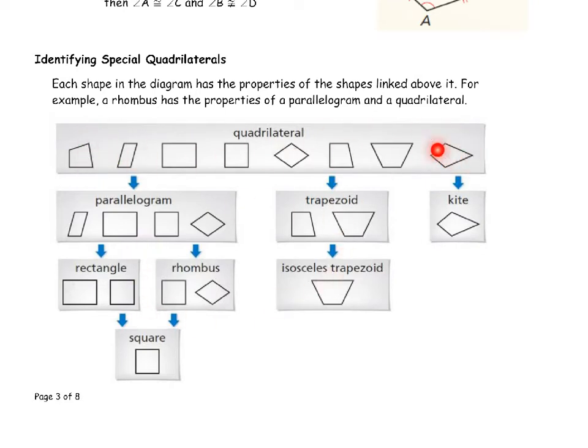And from the quadrilateral family, we can break down into 3 separate groups: the parallelogram, the trapezoid, and the kite. Parallelograms can be broken down into the rectangle and the rhombus, and then the rectangle and the rhombus can be broken down into a square. So remember, technically, a square can be a rectangle and be called a rhombus, okay? The trapezoid only breaks down further into the isosceles trapezoid, and the kite is all on its own.